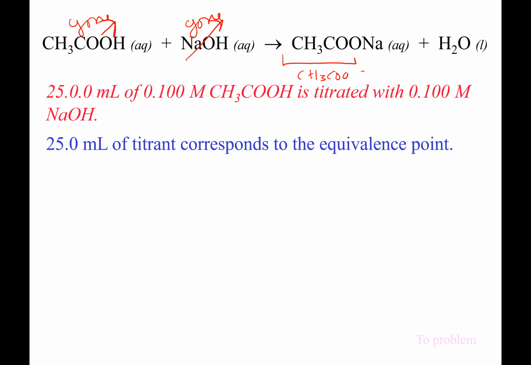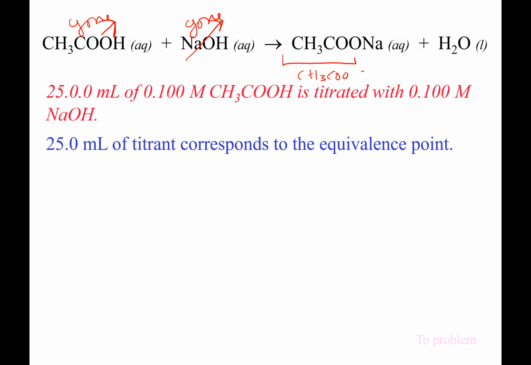Basic? Yeah. So this thing's going to be basic. And that's where our Kb comes from. Kb in this case is CH3COOH, also in the numerator we have OH minus, divided by CH3COO minus.